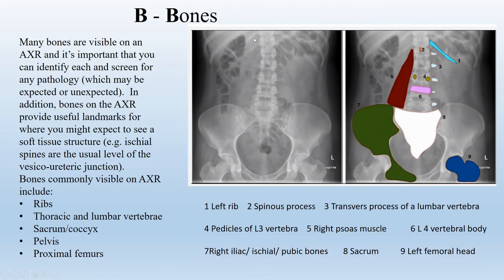That was B. A for air in the abdomen, B for bowel and other organs, and another B for bones. There are quite a few bones that can be seen on an abdominal X-ray. Some of them: ribs, thoracic and lumbar vertebrae, sacrum, coccyx, pelvis, and proximal femurs.